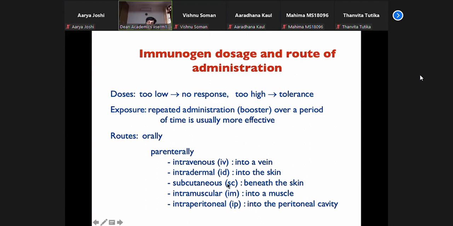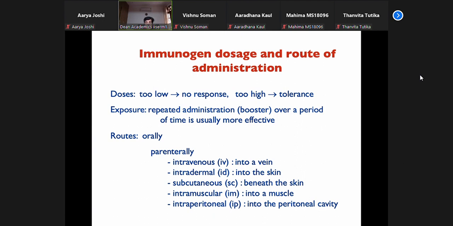And why is that? Remember one of the slides I showed you: if you make a section of the skin and stain with antibodies that can detect APCs or dendritic cells, you have a lot of those cells at these sites, the intradermal, subcutaneous or intramuscular route. So you find a lot of APCs there, and whenever you inject something, they can efficiently start inducing your immune responses.